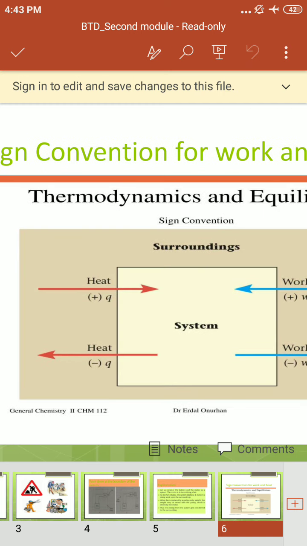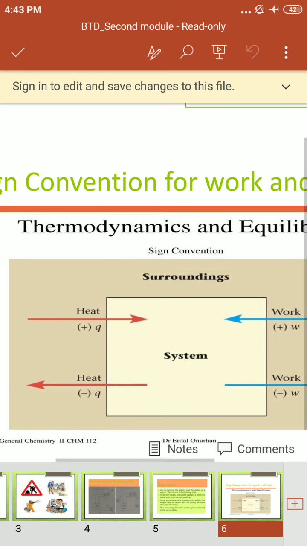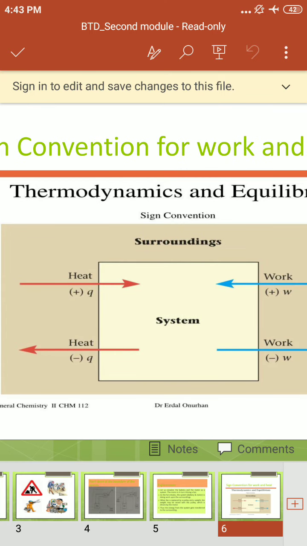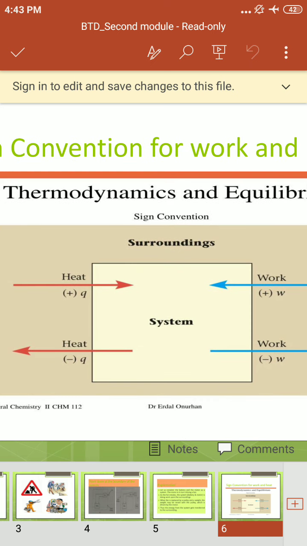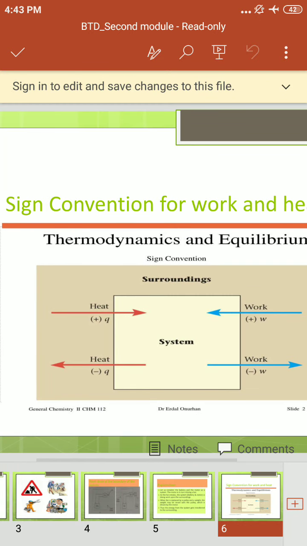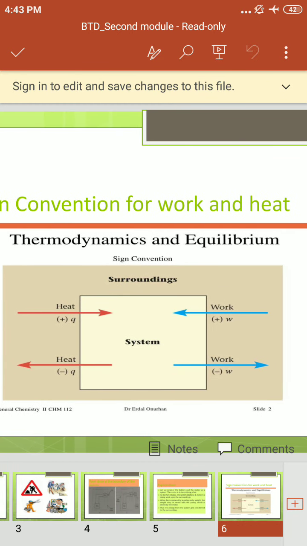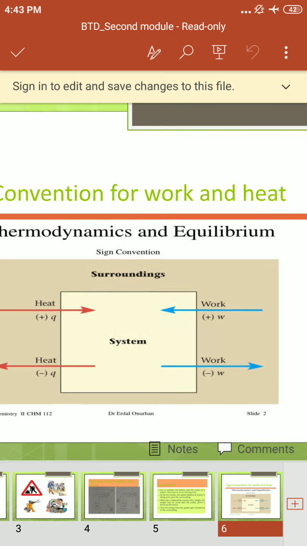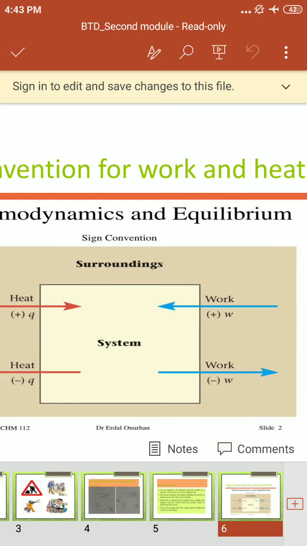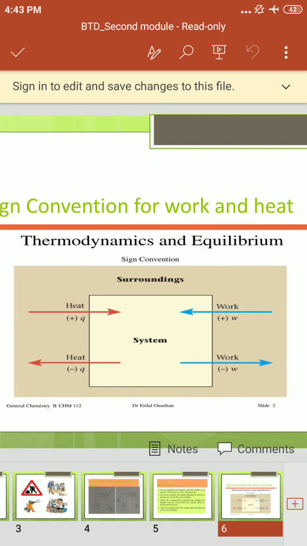Okay, next is heat. Heat is the same. See here, heat positive means entering, negative means leaving. Just remember that heat entering the system is positive, and heat leaving the system is negative. So in general, this is the sign convention for work and heat. Work done by the system is positive, and work done on the system is negative.